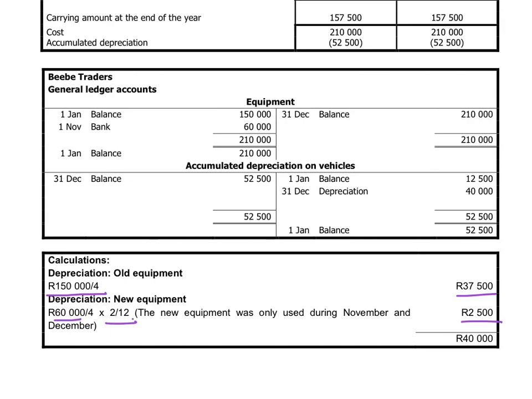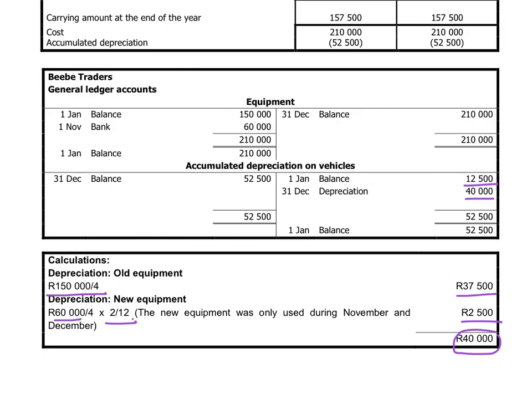So although we have 2 assets, the old equipment and the new equipment, we will only record 1 entry at the end of the financial year for the total depreciation. Depreciation is an expense that will be debited, and the accumulated depreciation will be credited with the 40,000. In my accumulated depreciation account, I had an opening balance of 12,500 at the beginning of the year.